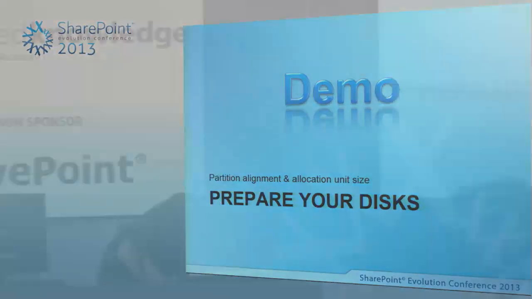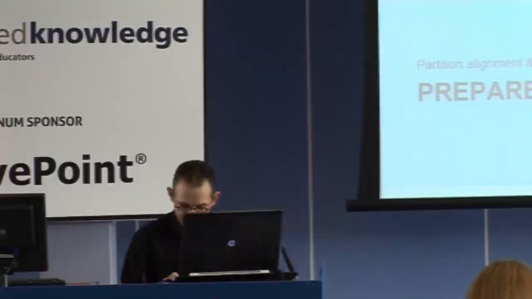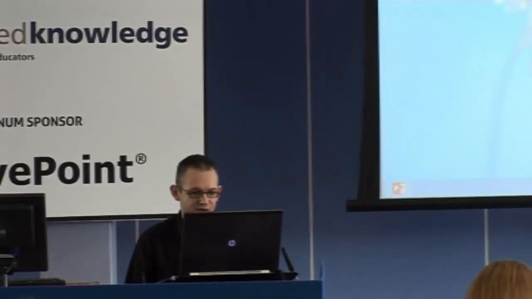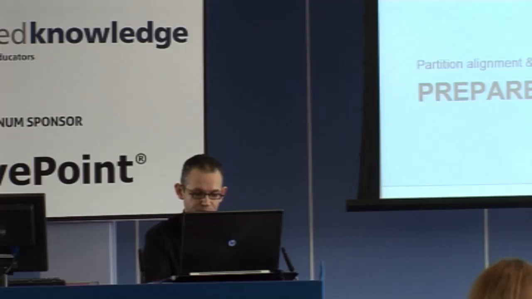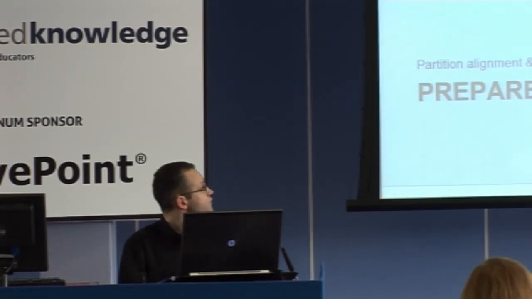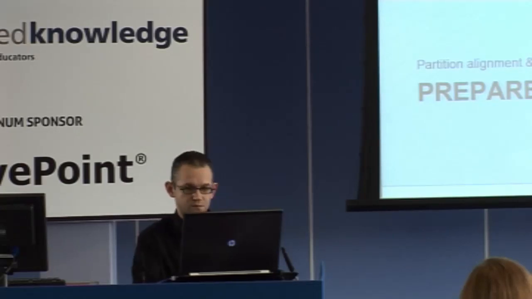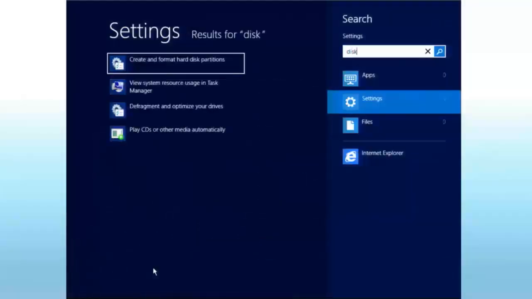Okay, I'm going to quickly show you the disk size and allocation units. If we go to Disk Manager, who loves Windows Server 2012 and the Start menu? Well, no one?